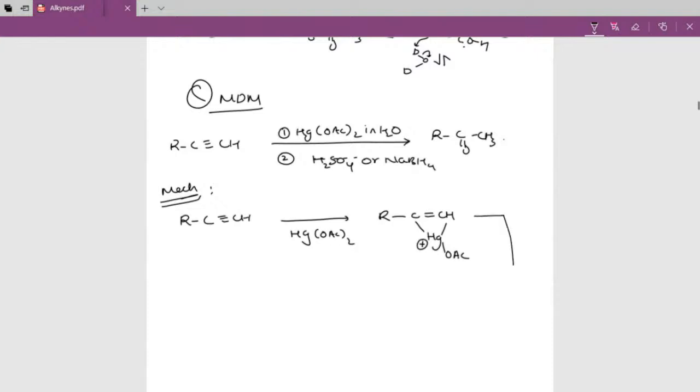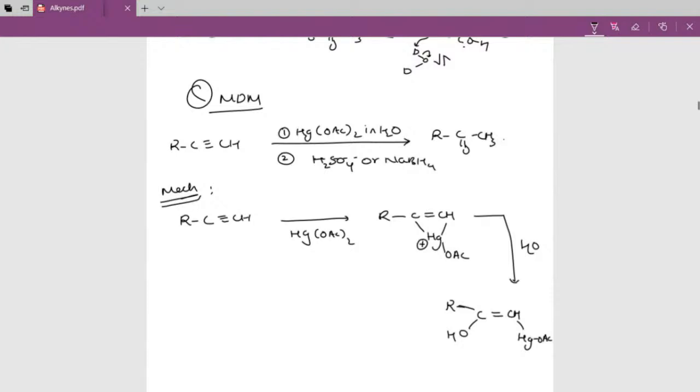Oxymercuration has started. Water will now attack. Water when it attacks will give me RC(OH) double bond CH HgOAc. This is how it will be formed. Is that absolutely clear? Right?